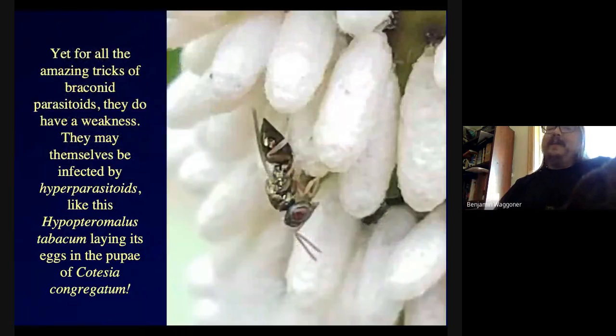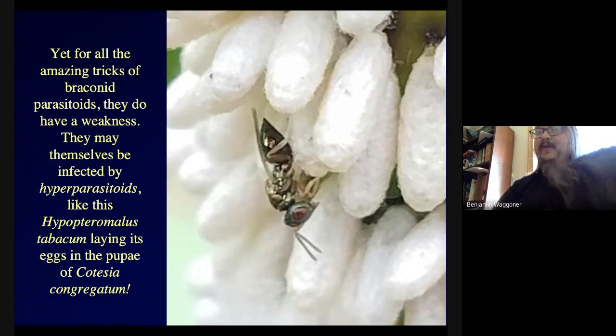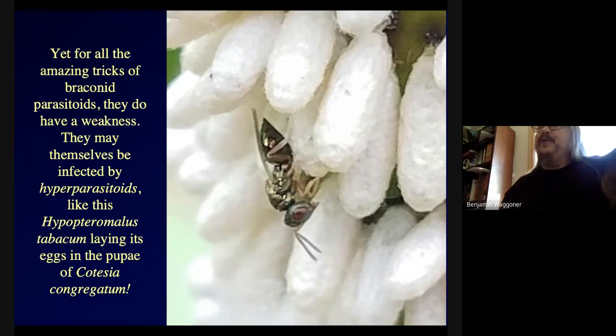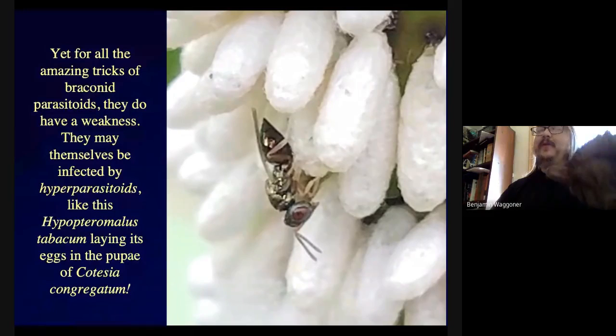Yet for all the amazing tricks of parasitoid wasps, they do have a weakness because they can get infected by hyperparasitoids. So there is a hyperparasitoid wasp, Hypopteromalus tabacum, caught laying its eggs in the pupae of Cotesia congregata, which is the one that we started this whole thing with, that lays its eggs in tomato hornworm. I'm not sure if there are hyperparasitoids of hyperparasitoids, although nothing would surprise me anymore.